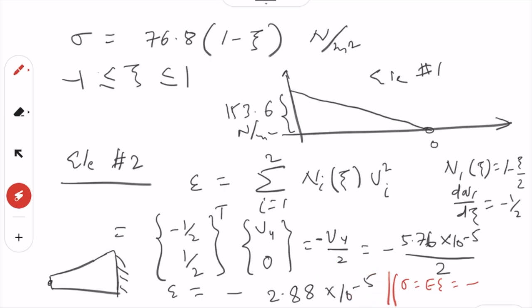So 288 multiplied by 2, we get simply minus 576 Newton per meter square.